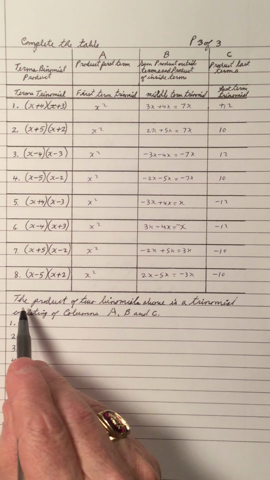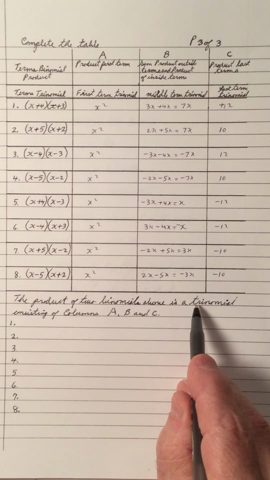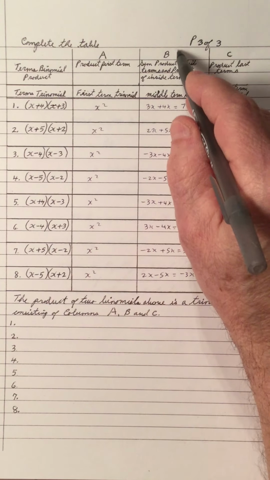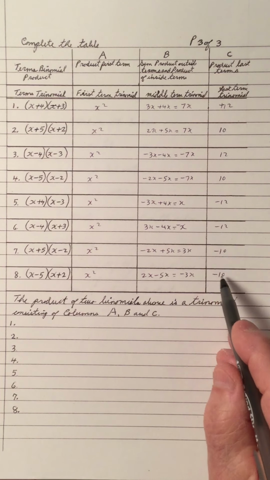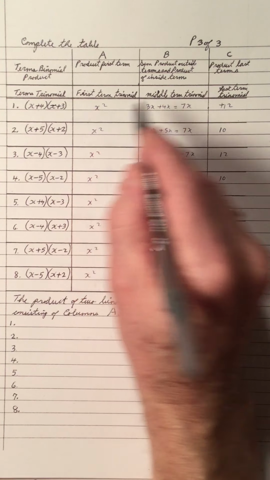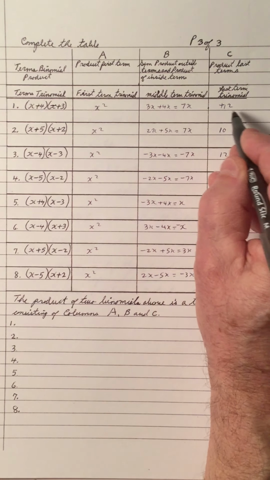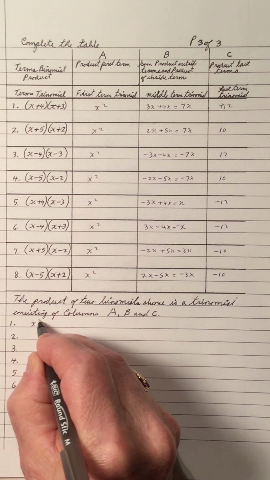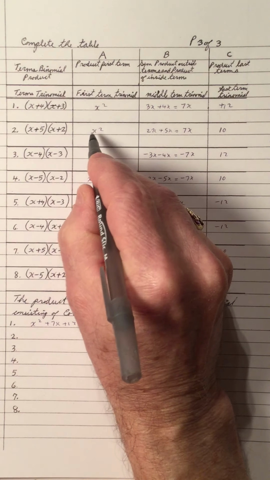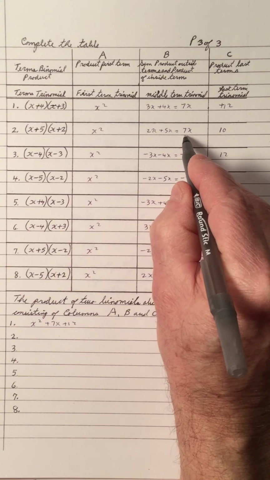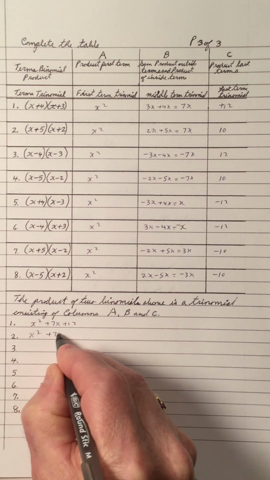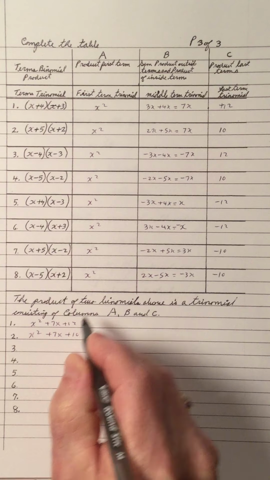Now let's see. The product of the two binomials above is a trinomial consisting of column A, column B, and column C. So if you look through A, you got an x squared plus 7x plus 12. Number 2 is x squared plus 7x plus 10.